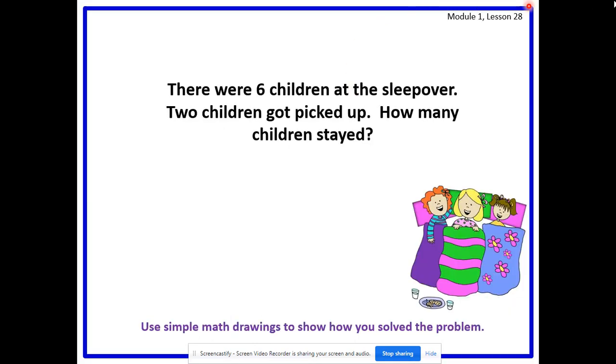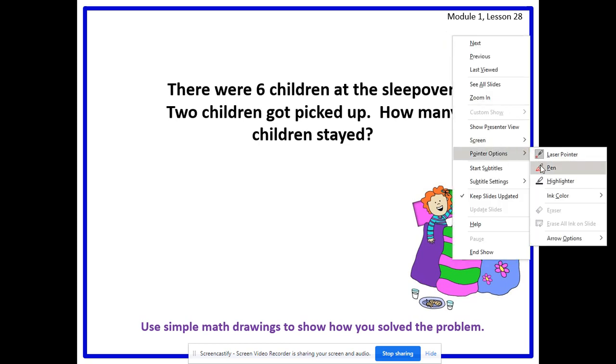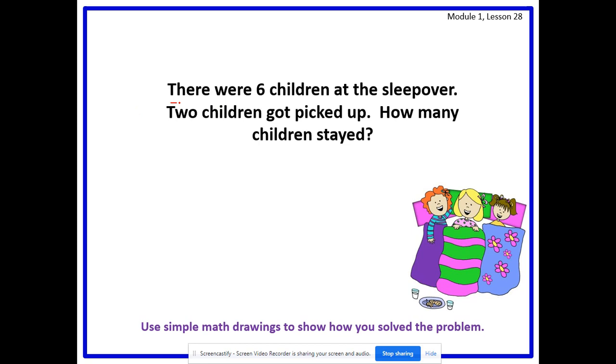Let's start with our first problem. I am going to go ahead and read it like we always do. So listen with your ears. There were 6 children at the sleepover. How many children at the sleepover? Get ready. Yes, 6, right? Remember, we're supposed to underline. Sorry for my underlining.